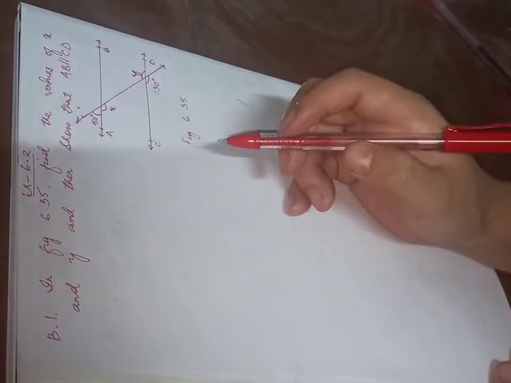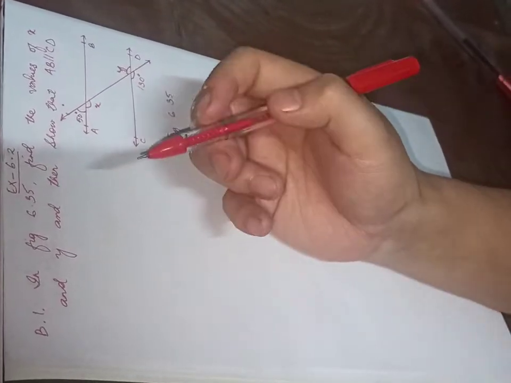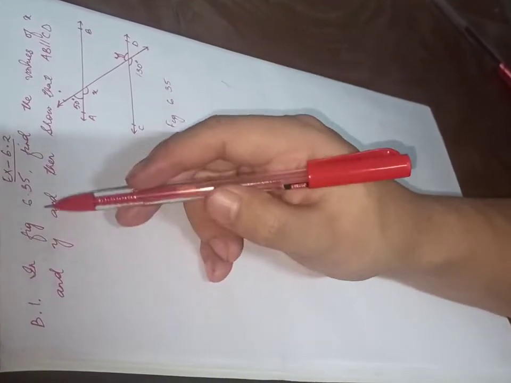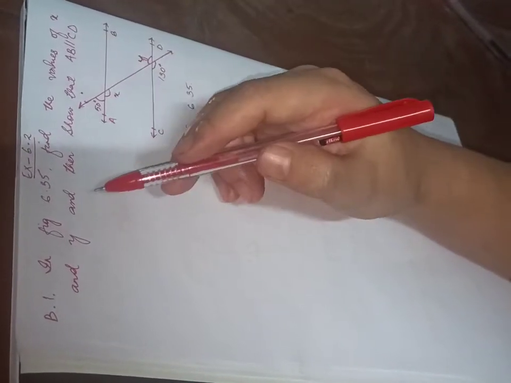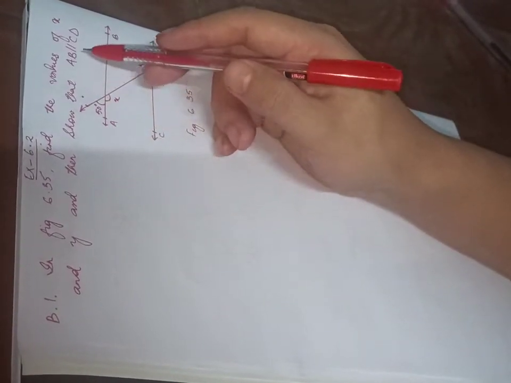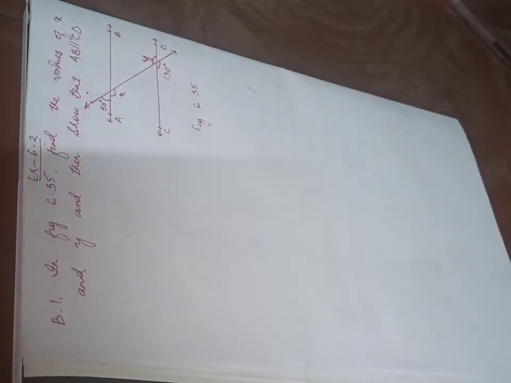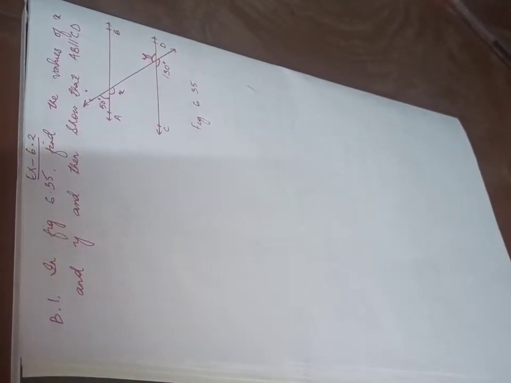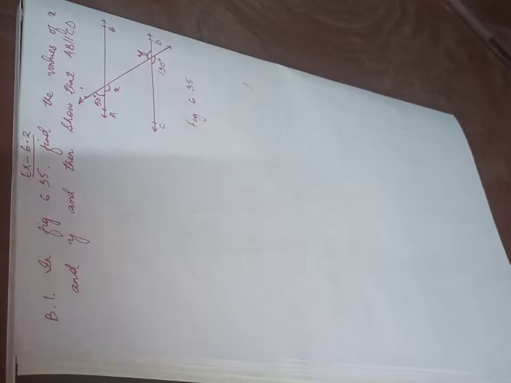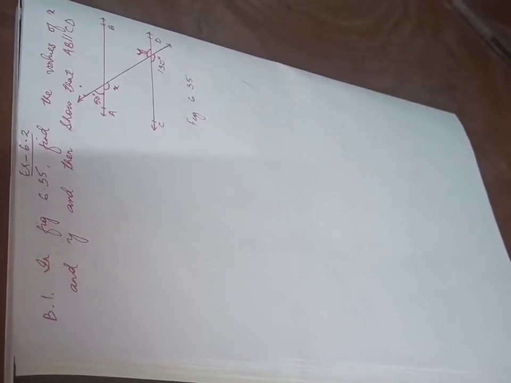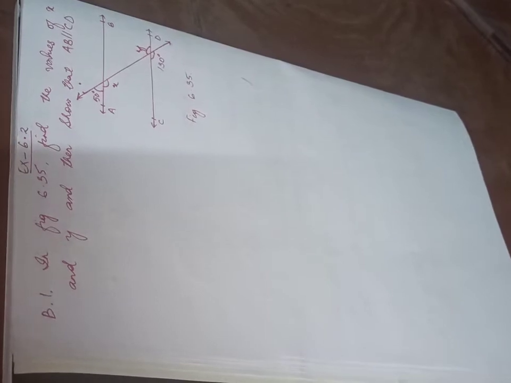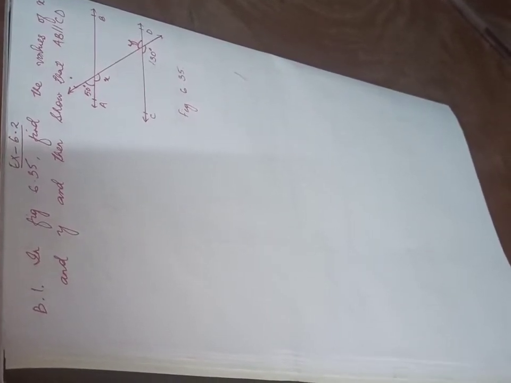Question 1 says, in figure 6.35, find the value of x and y and then show that AB is parallel to CD. Is it okay? So here the question is asking us to find the value for x and y, and then we are asked to also show that AB is parallel to CD.